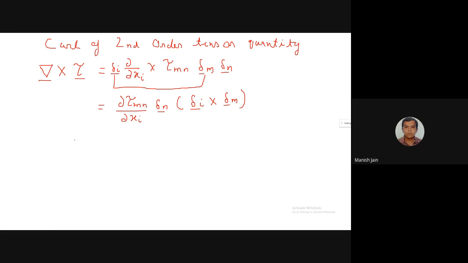Now when you take the cross product, you will get the epsilon sign, tau mn divided by del xi, multiplied by the magnitude. I am writing the magnitude before epsilon, with indices i, m and l. And you have del l del n. So this is a second order tensor quantity.